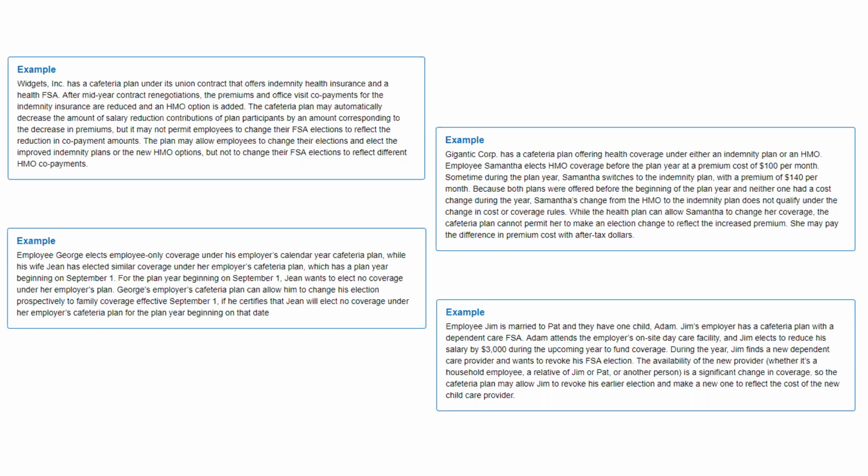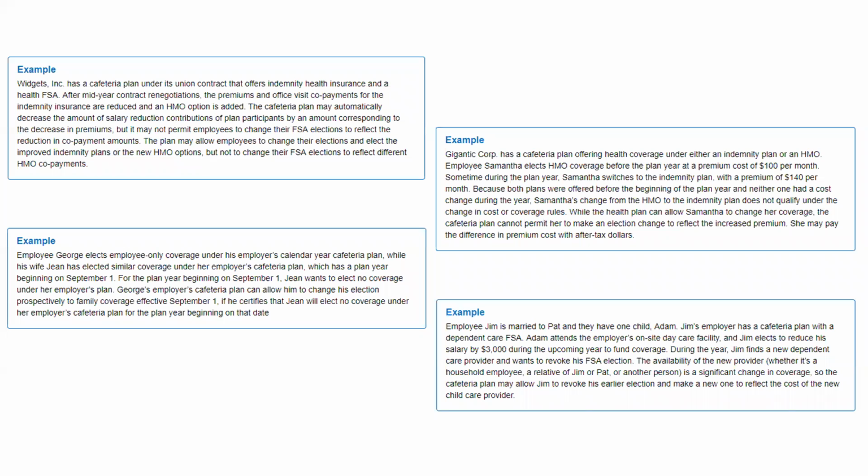After mid-year contract renegotiations, the premium and office visit copays for the indemnity insurance are reduced and an HMO option is added. The cafeteria plan may automatically decrease the amount of salary reduction contributions of plan participants by an amount corresponding to the decrease in premium, but it may not permit employees to change their FSA election to reflect the reduction in copay amounts.